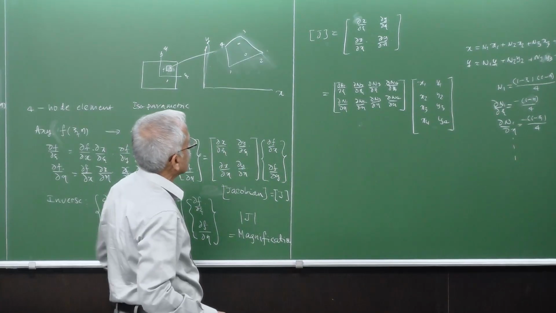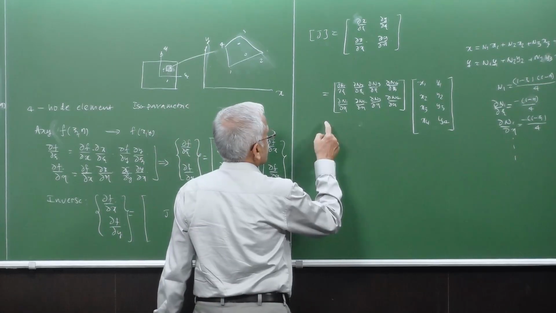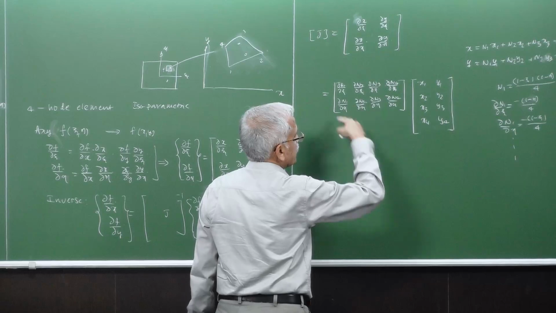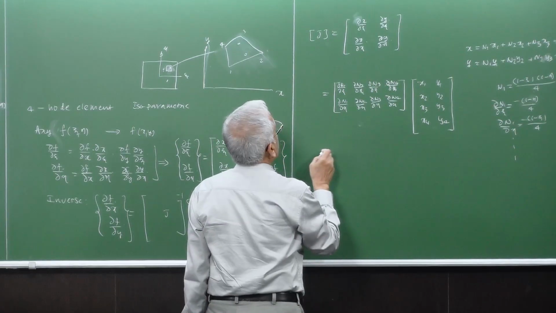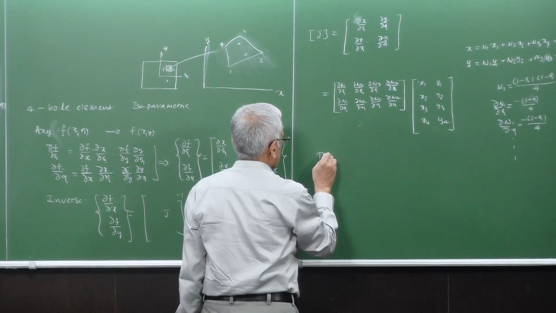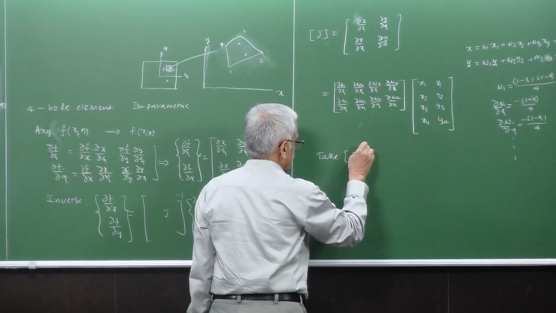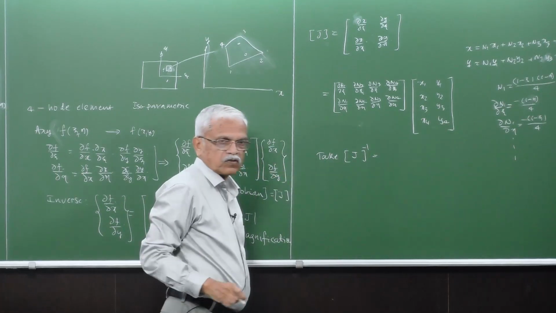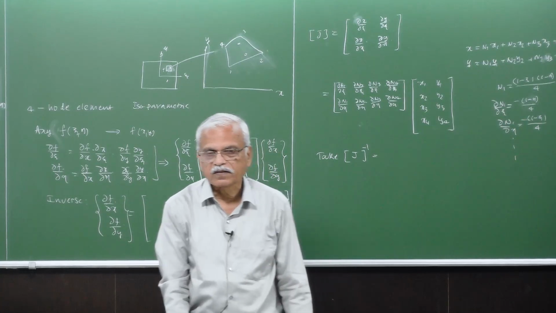Now having known this, at any point you can evaluate this 2 by 2 matrix, and you can also take J inverse. All these things are becoming more and more complex, functions of xi eta.